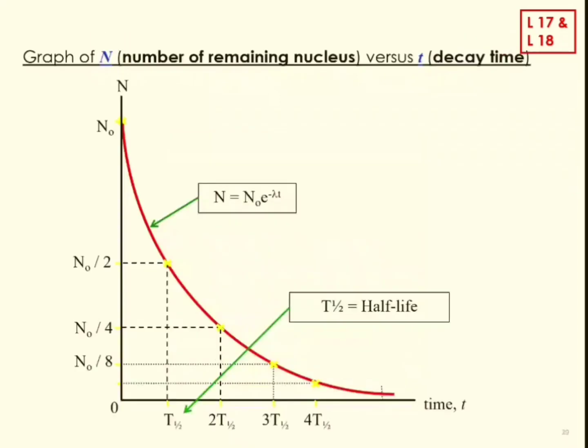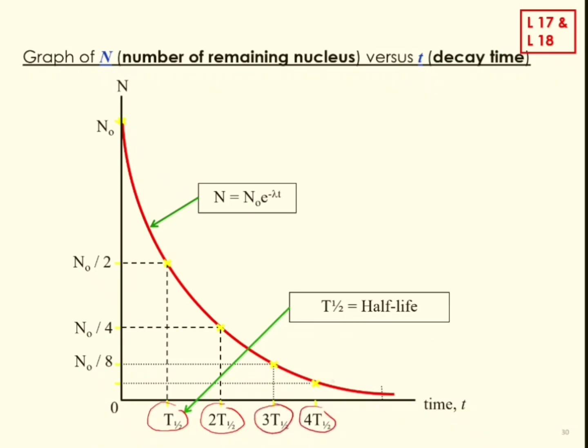Here we have the graph for N, the number of remaining nuclei, versus time t. The lower axis represents the half-life: 1 half-life, 2 half-life, 3 half-life, 4 half-life.